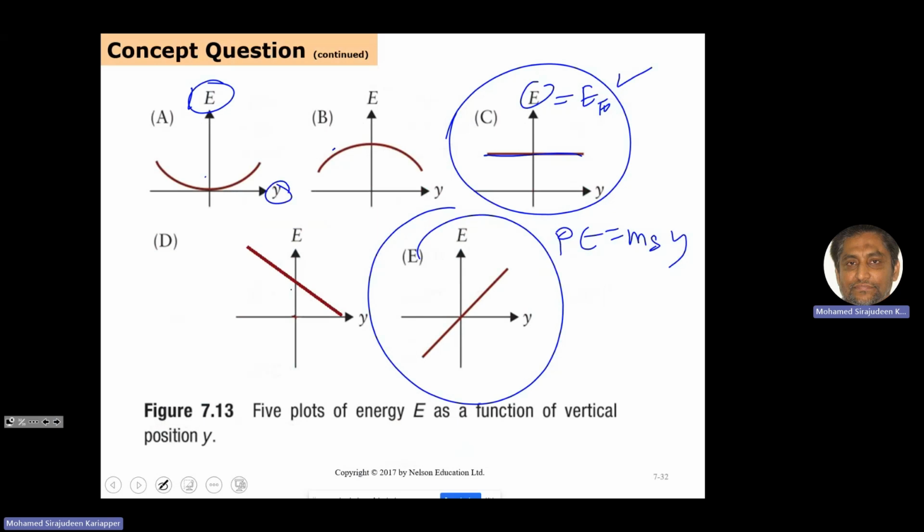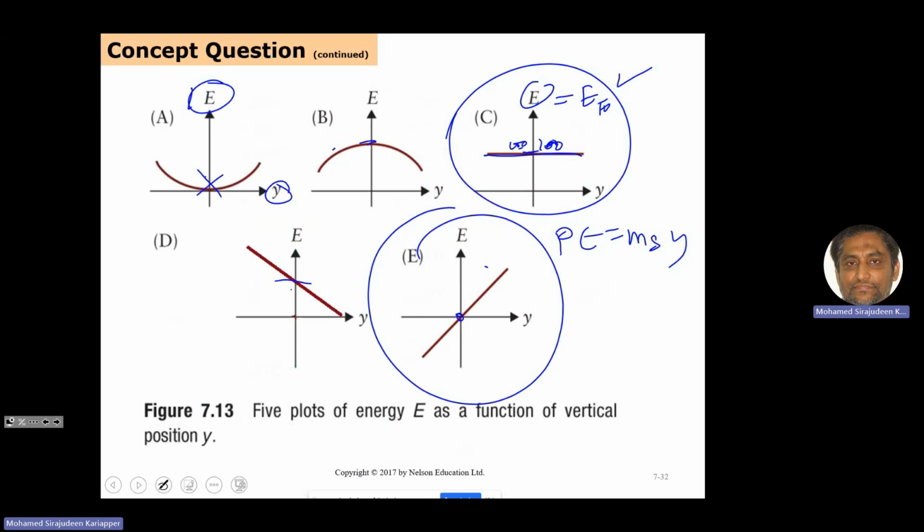This plus the kinetic energy should give you this total. Say the total energy is 100. At y equal to 0 the potential energy is 0, so kinetic energy must be a positive value. This one is out; we have only two choices left.